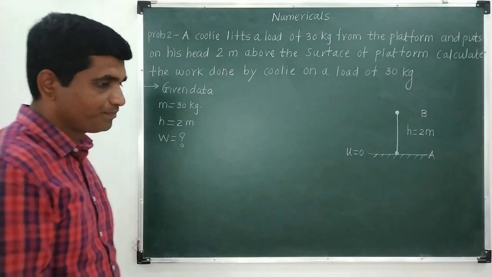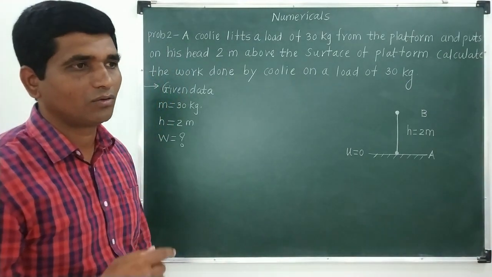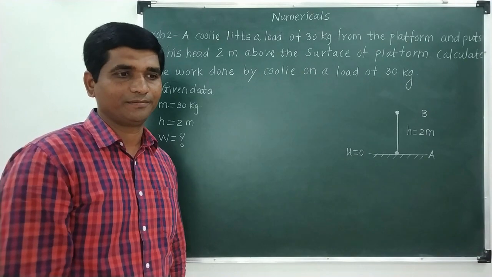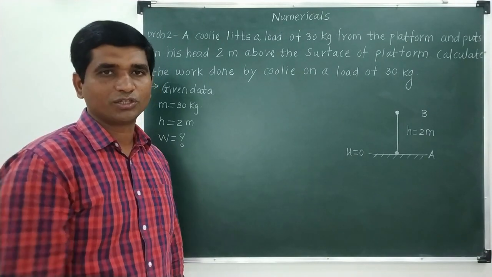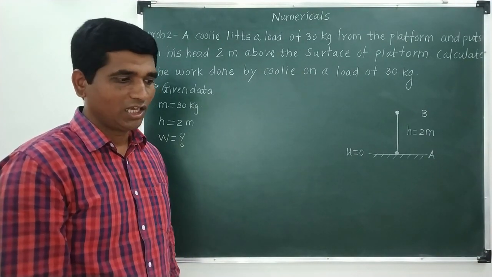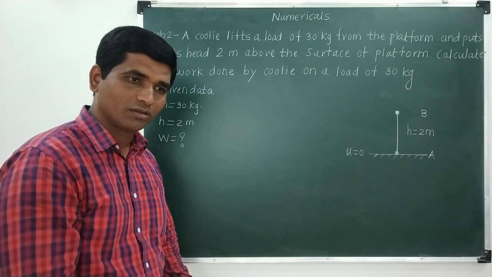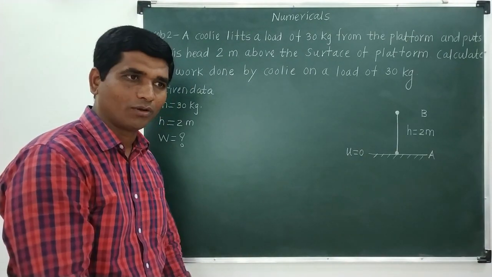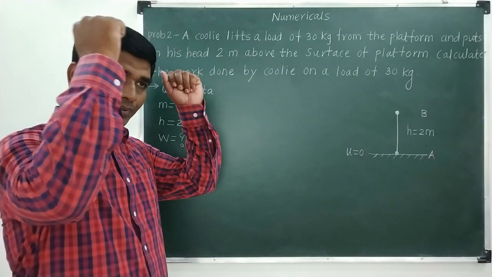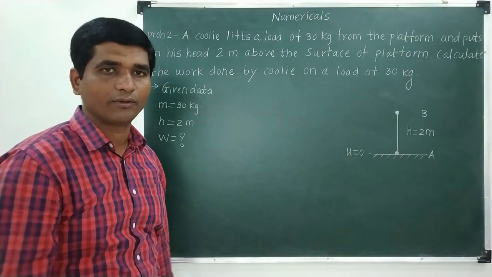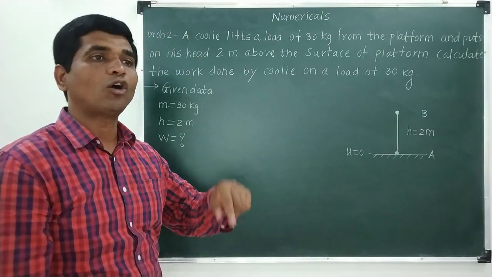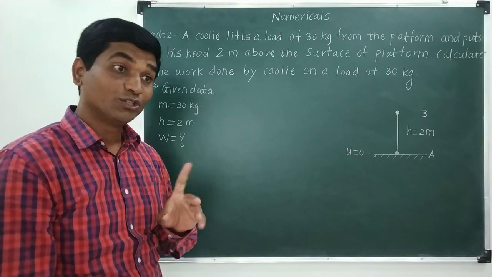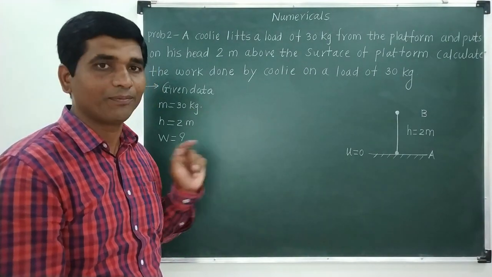Now, if you remember, while discussing the laws of motion, we considered that if a coolie lifts a load from the platform and keeps that load on his head, the work done on the load is 0. So that we will verify over here.